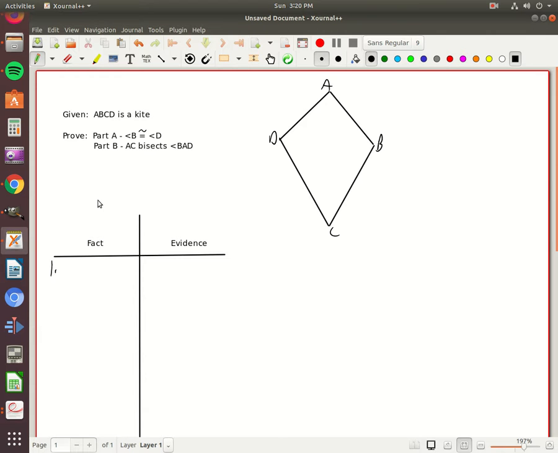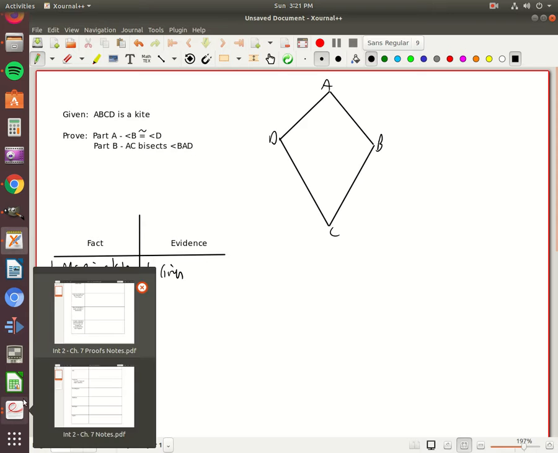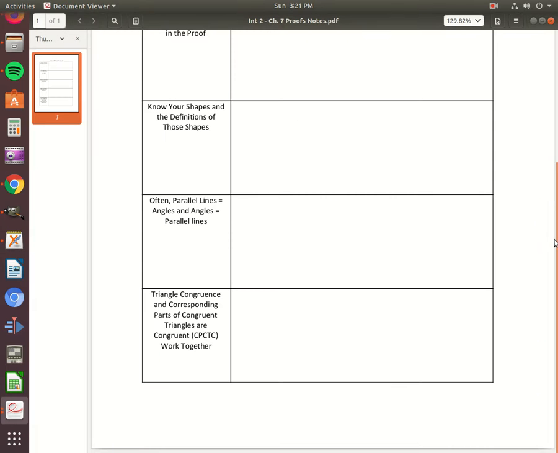So again, the first thing we're going to do is say that ABCD is a kite. We're going to start with our given, and we're going to end with what we're trying to prove. So I know that somewhere down here, I'm going to say angle B is congruent to angle D. I just don't know how I'm going to do that yet, right? So let's go through here on our notes and see which one of these apply.